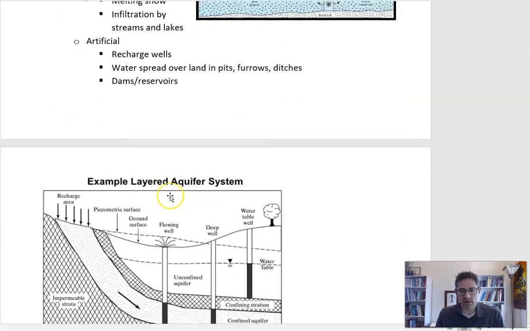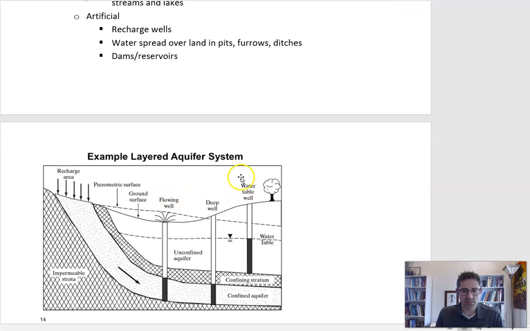So let's look at that diagram here. Here's an example layered aquifer system where the impermeable strata is this hatched area. We have a confined aquifer, which is this bottom one. So there are recharge areas where it may rain up here, or there may be a pond or river or something recharging this area that's permeable.